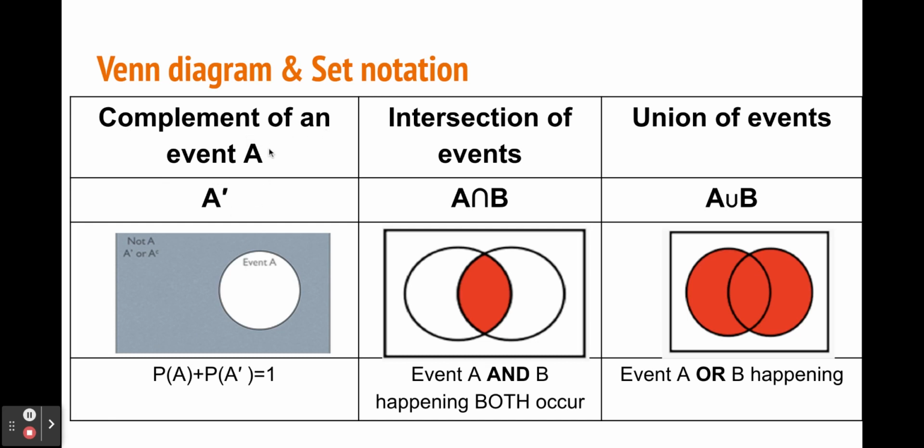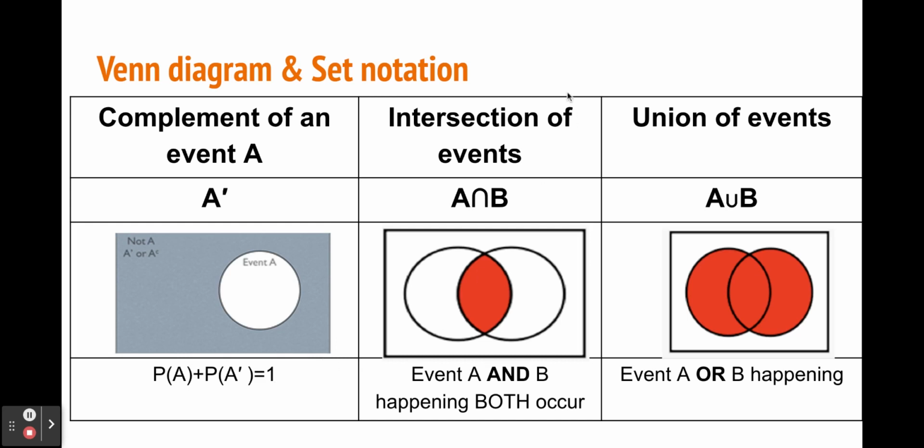So anything that is not in event A is called the complement of A, and we denote that with an A apostrophe. And when we're looking at a sample space that has only one event, A, for example, we add up the probability of A and we add up the probability of the complement of A. We're going to get that we have the full possibilities. So the full sample space is going to be represented here.